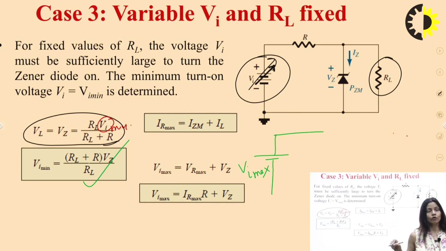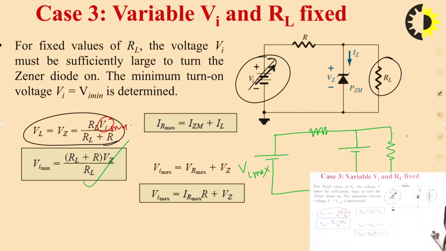Now I am focusing on Vi maximum. This is R. Make it as a battery of Vz with a reverse polarity. VL is Vz now. This is Vz, plus minus, this is R.